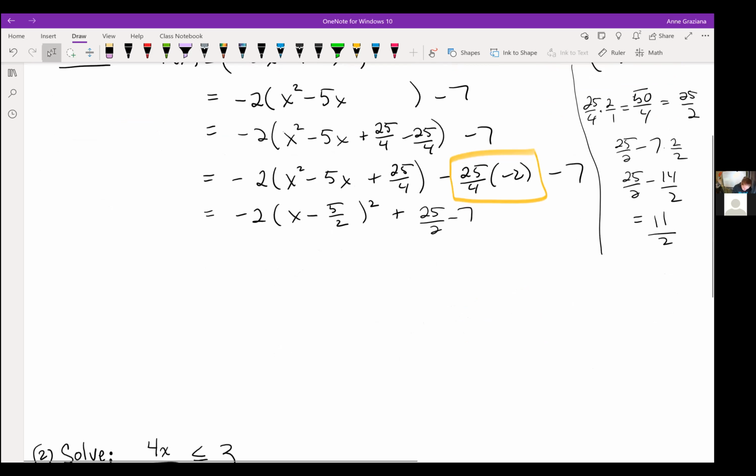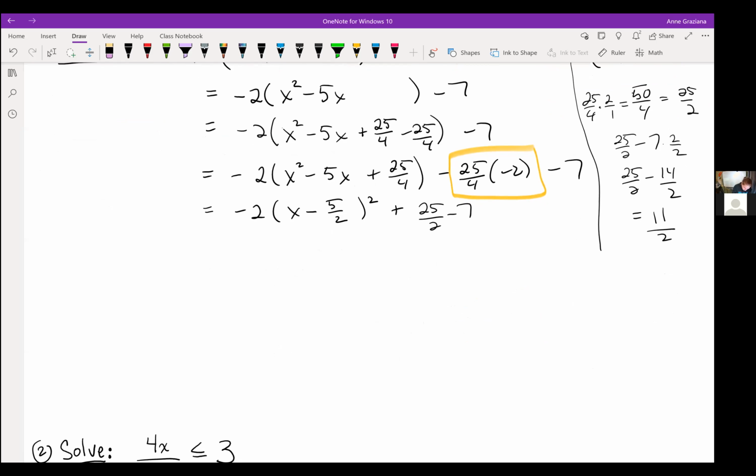So this ends up being negative 2 times x minus 5 halves squared plus 11 halves. So my vertex is 5 halves, comma 11 halves.